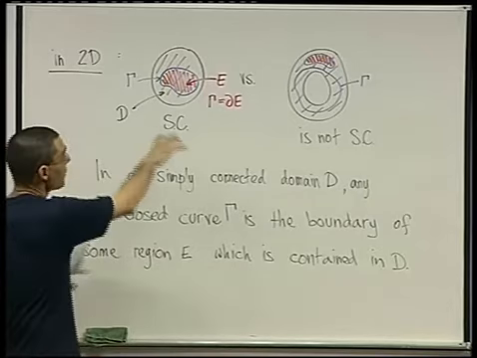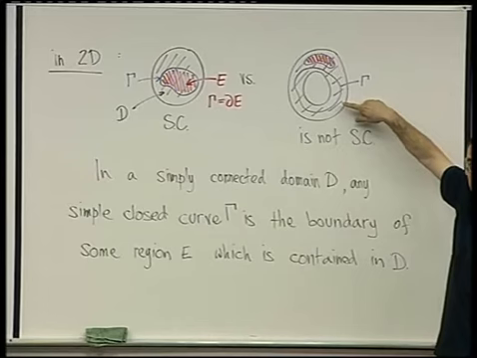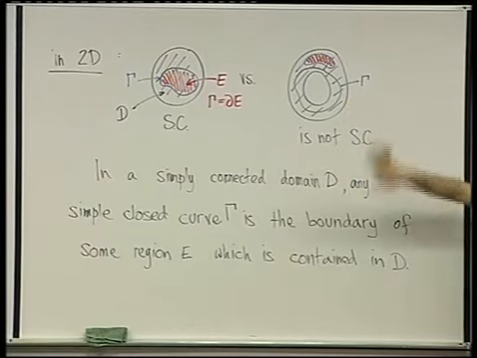So here everything works, here everything works as well, but here there is no such E because of the hole. Is this idea clear?